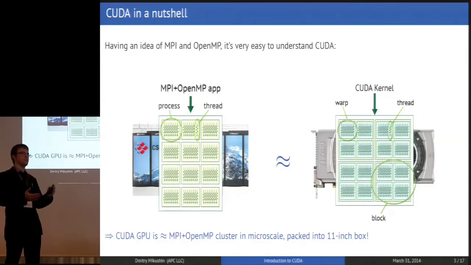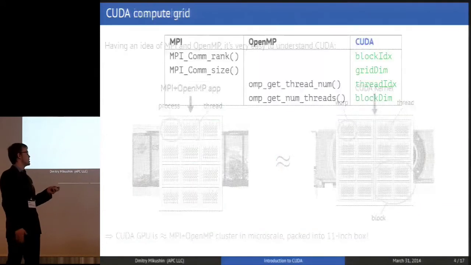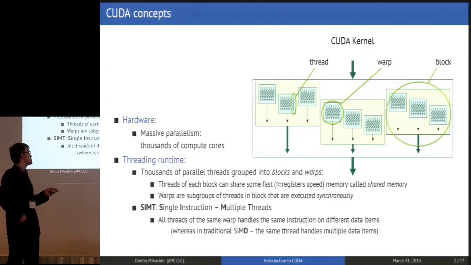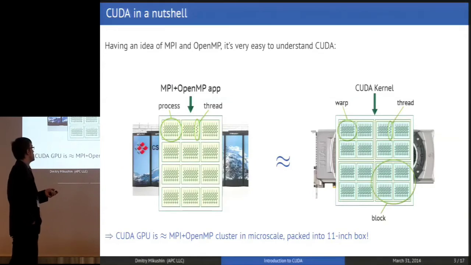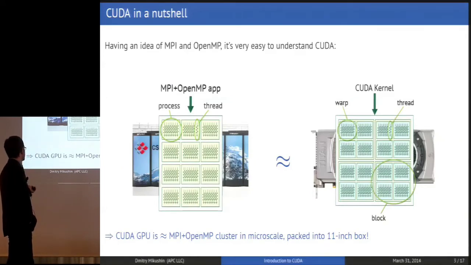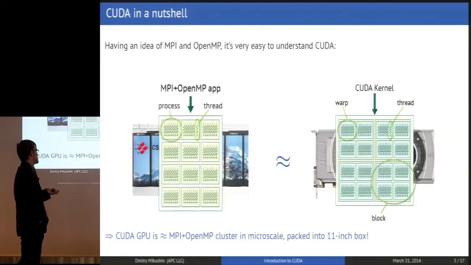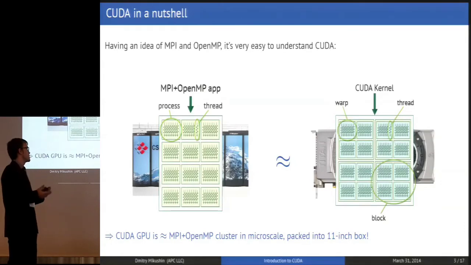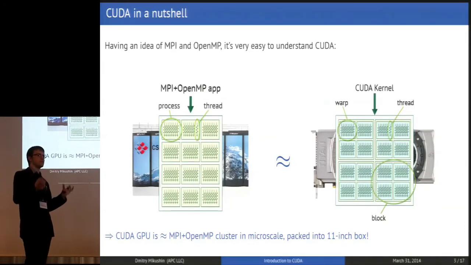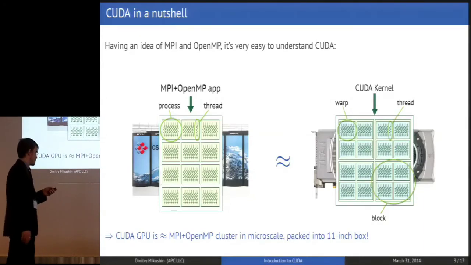You have something like MPI, and something like OpenMP embedded into it, in the case of GPUs. So in fact, a CUDA GPU is like a cluster in microscale, packed into a very small box, and also equipped with a CUDA programming model, which better suits the massive parallelism concept.